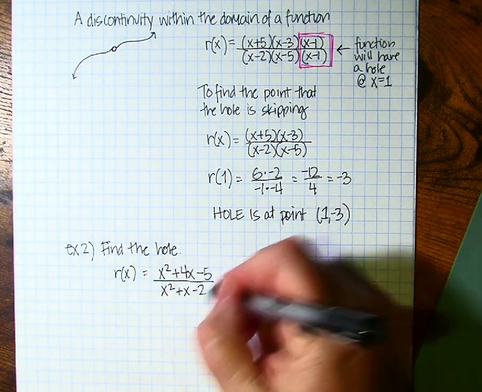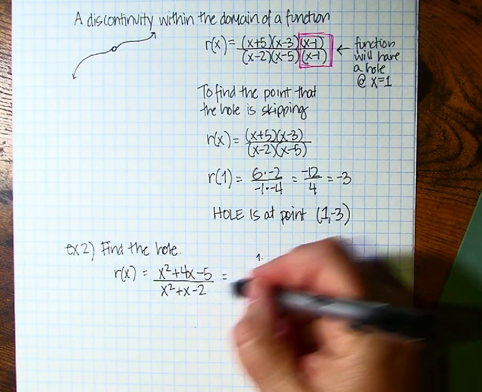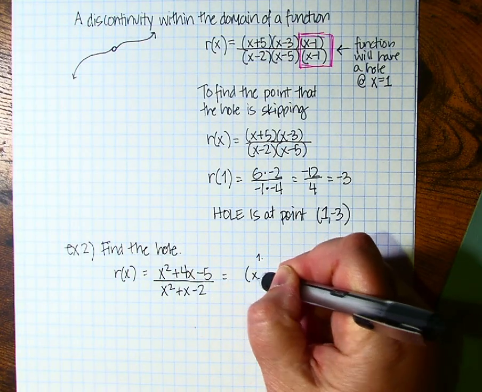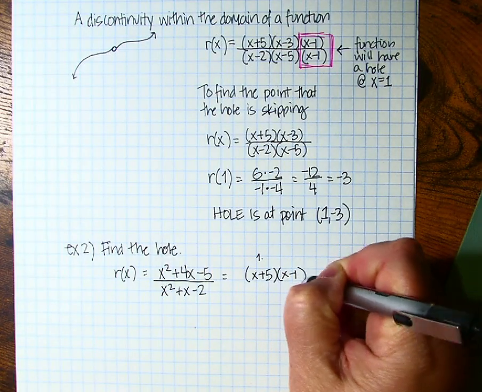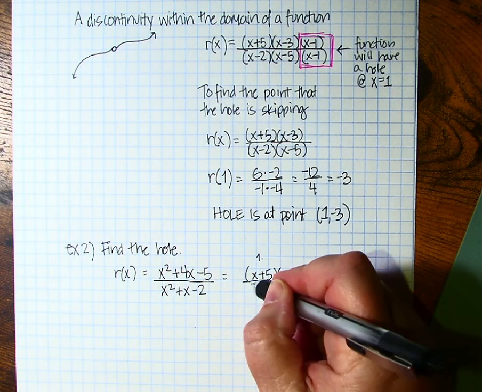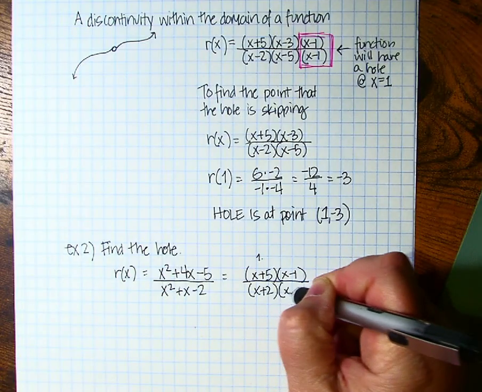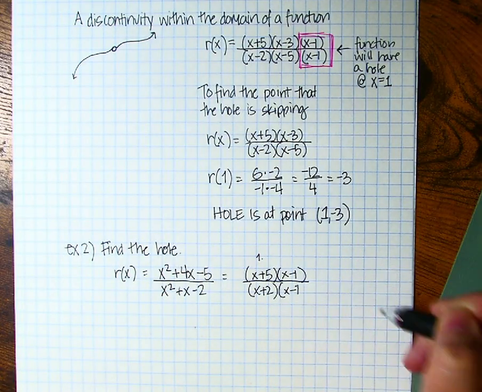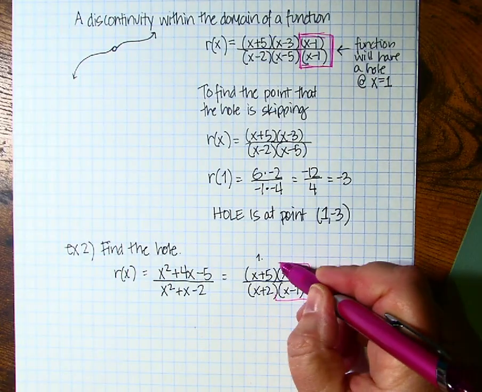With our r of x's, the first thing we always want to do is factor them. So in factored form, this would be an x plus 5 and an x minus 1. And in the denominator, I would have an x plus 2, x minus 1. Funny enough, it ended up being the same value. Notice our x minus 1 is repeated.